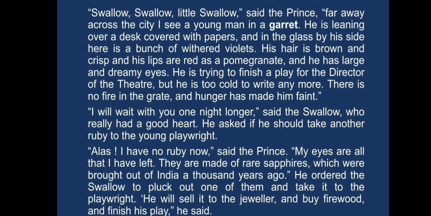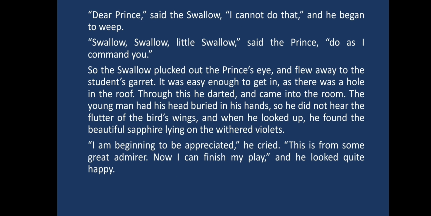The swallow was very sad to learn that the Happy Prince wanted to give his eyes to the boy, and he started crying. He told the Happy Prince that he could not do so, but then the Happy Prince ordered the swallow to do what he had told him to do.